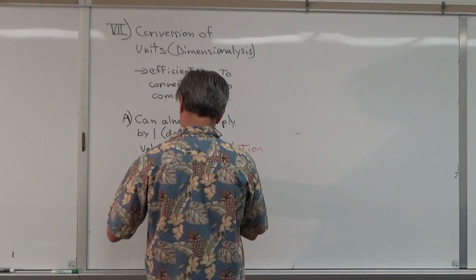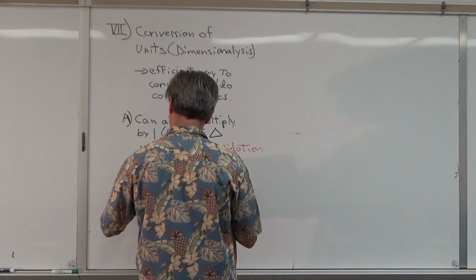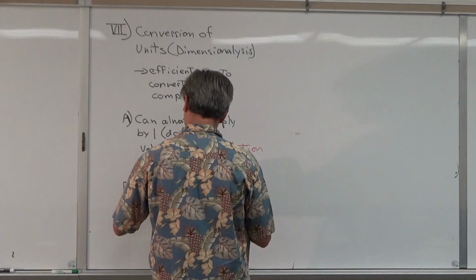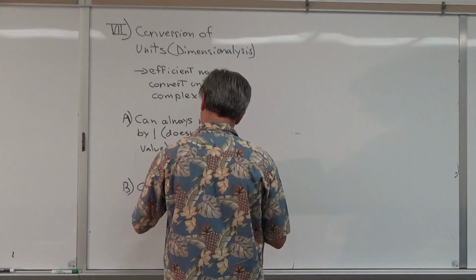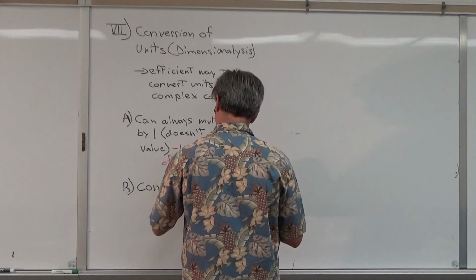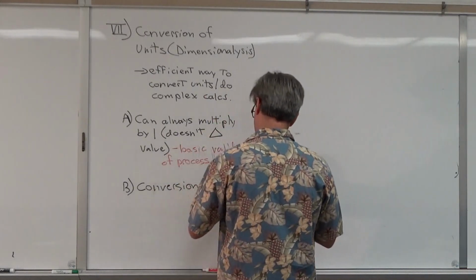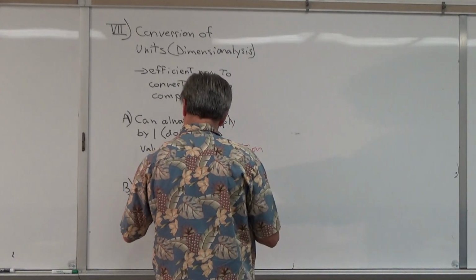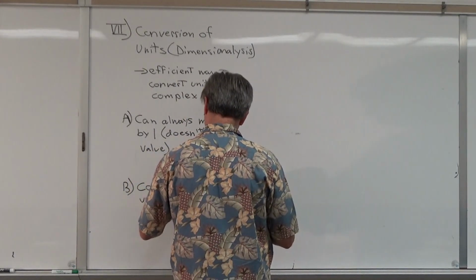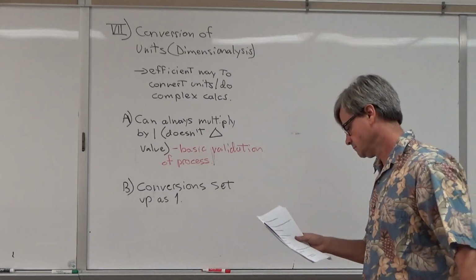I'm not sure if this is the best way to describe it, but it's here on the paper, so I'm going to put it on here. Conversions set up as 1.